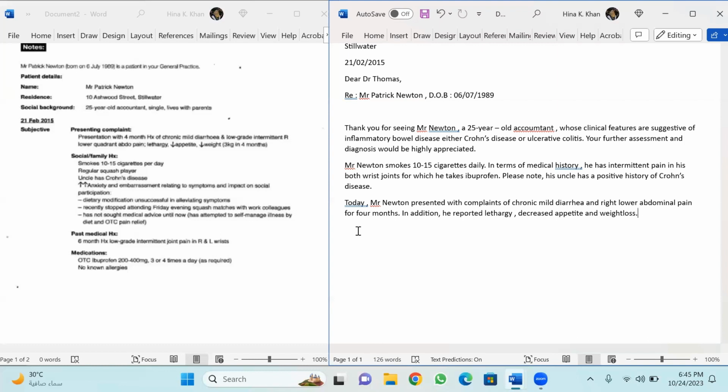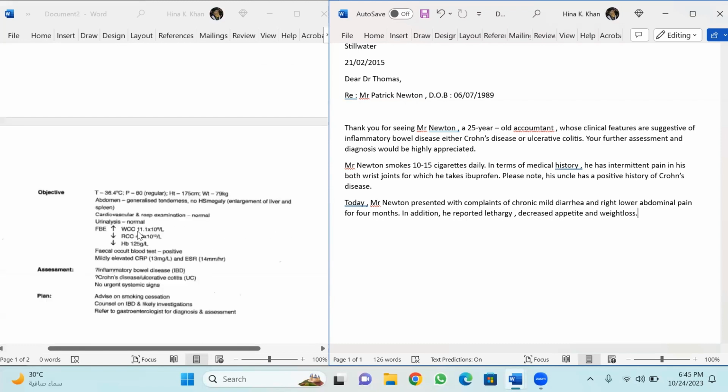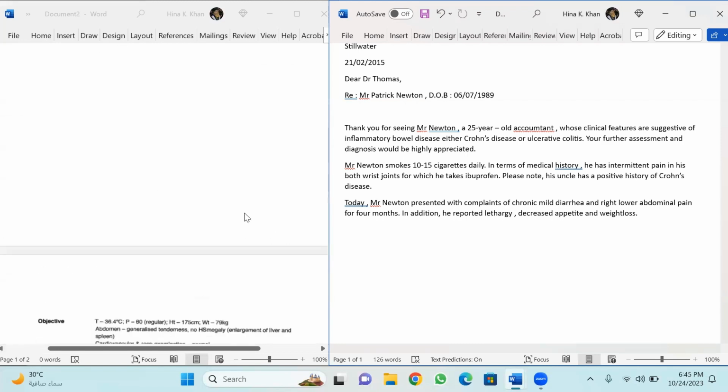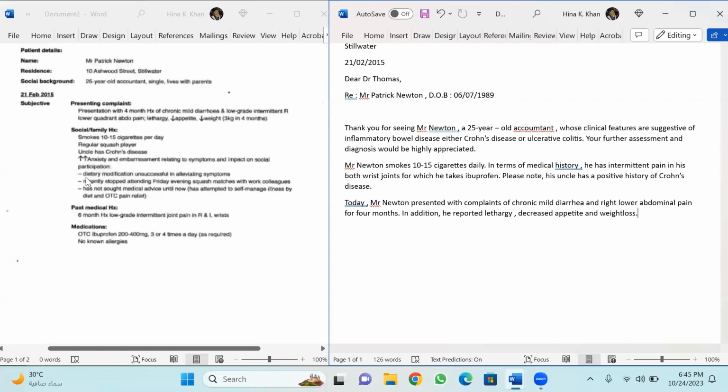And after that, what else came? I just read it somewhere. We wrote this here in the personal history: dietary modification unsuccessful in alleviating the symptoms. Now we will mention this one thing: he made some kind of dietary modification, but it was not successful in relieving his symptoms.